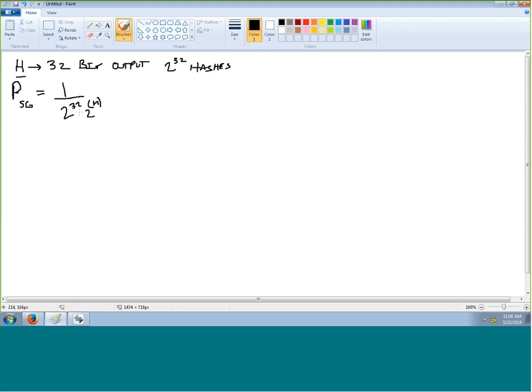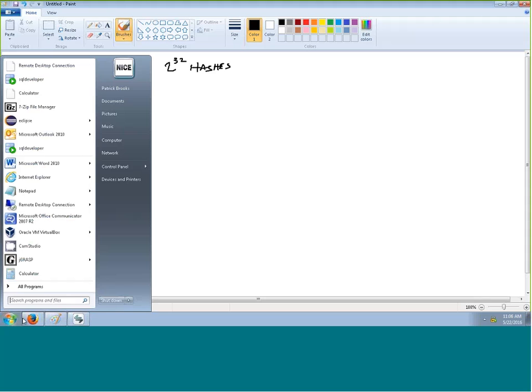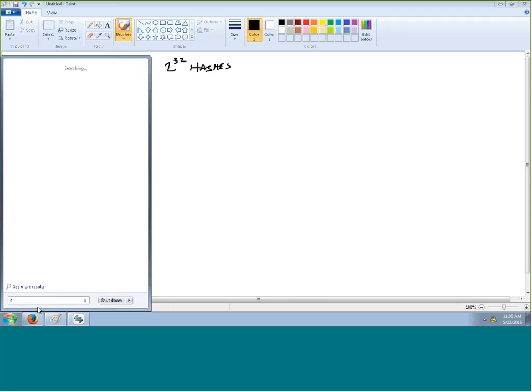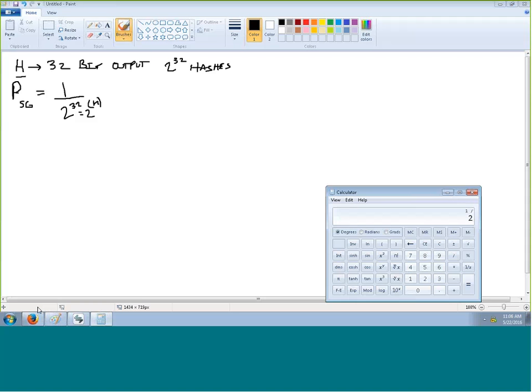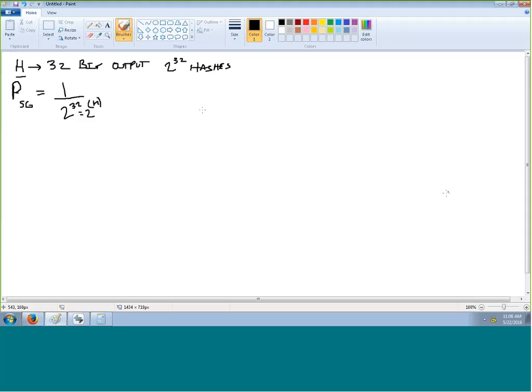Right, for hashes. So that's the probability of a single hash, and that's pretty low here. It's about 1 over 4 billion, 1 over 2 to the 32nd, times 100. So we are at, holy cow, 0.0000002% probability for a single attempt.